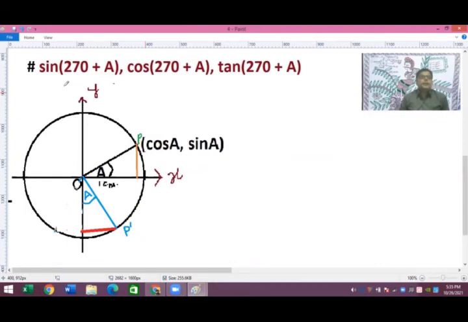Similarly, let's see about sine, cosine and tan of 270 degrees plus A. Alright, so up to 270 degrees we are up to the third quadrant. Now 270 degrees plus A means we have advanced to the fourth quadrant over here. So about here we drop the perpendicular on this y-axis, so this is 90 degrees over here, and now we are interested to find the coordinates of P dashed.